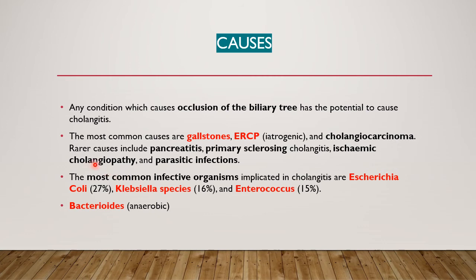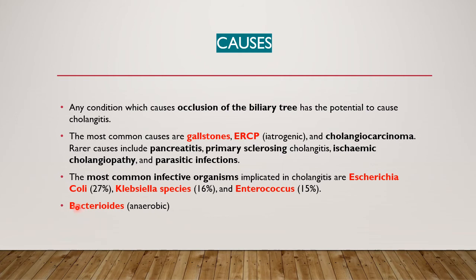Other causes are cholangiocarcinoma, ampullary carcinomas, and rarer causes include pancreatitis, especially acute pancreatitis, primary sclerosing cholangitis, ischemic cholangiopathy, ischemia of the bile ducts due to some cause, and parasitic infections, which are not so common these days.